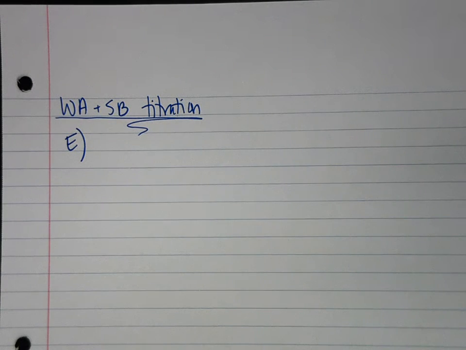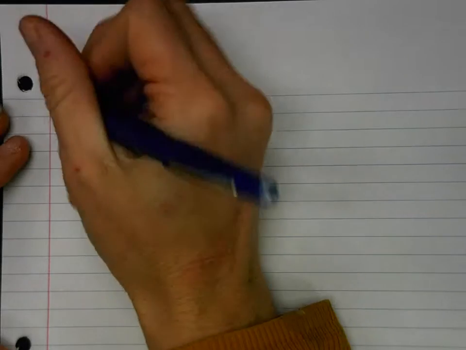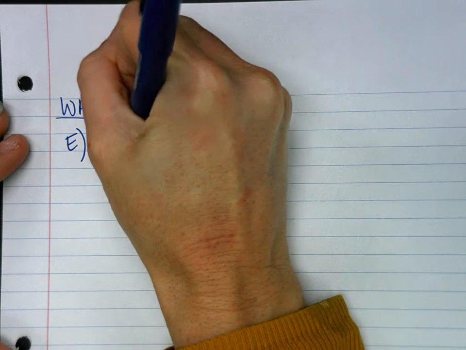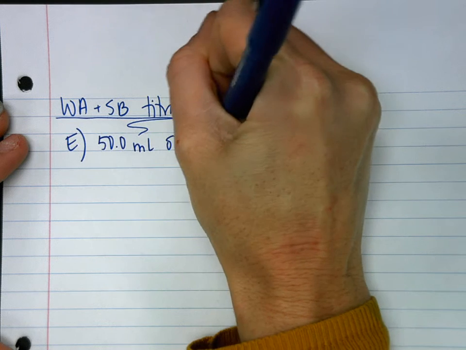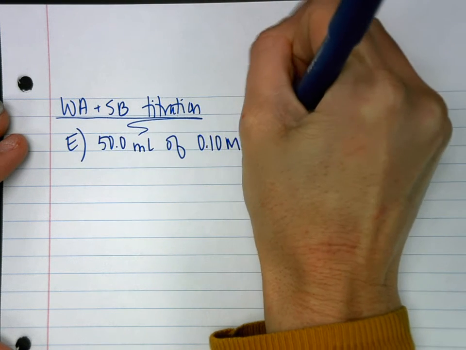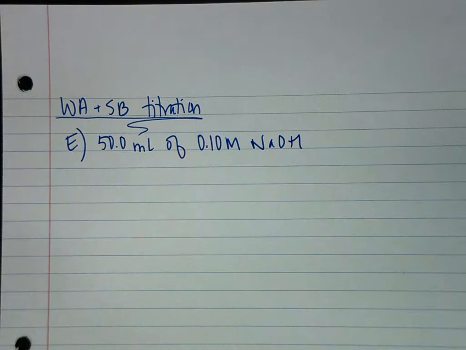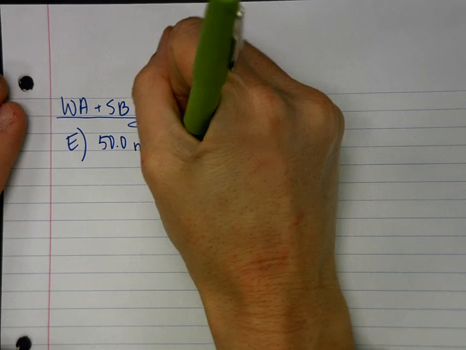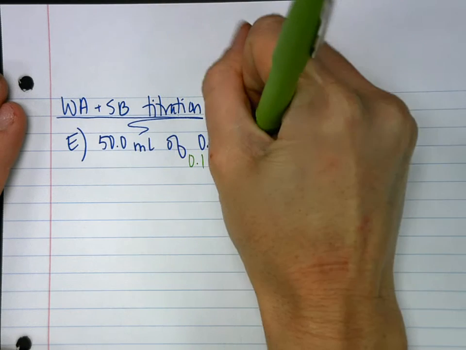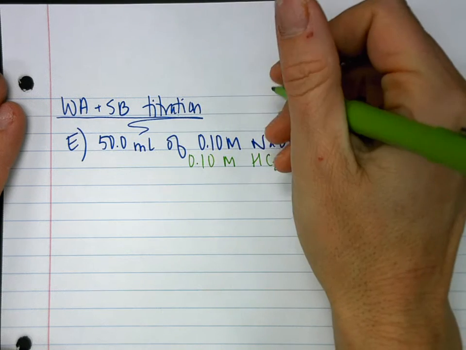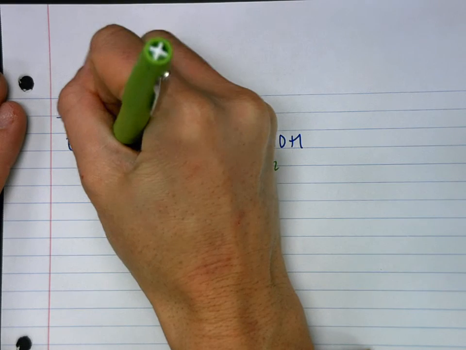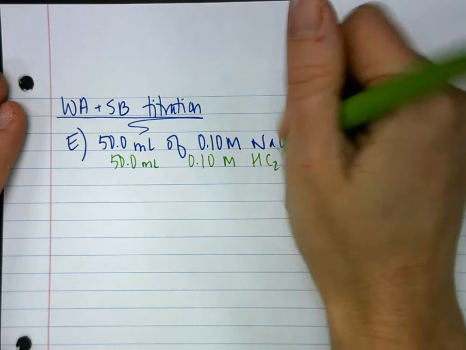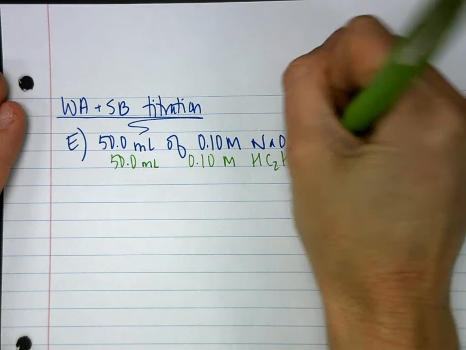All right, we're gonna look at a weak acid, strong base titration where we left off in class. We're adding 50 mL of a 0.1 molar solution of NaOH to our same acid solution, the acetic acid, which was 0.1 molar and also 50 mL.